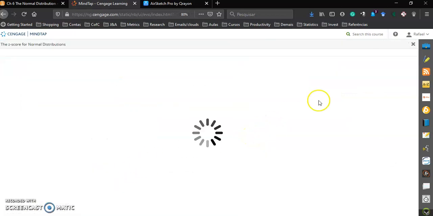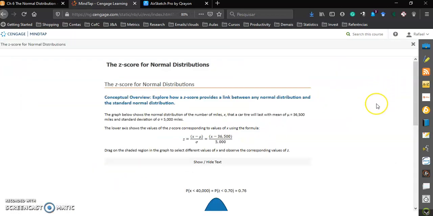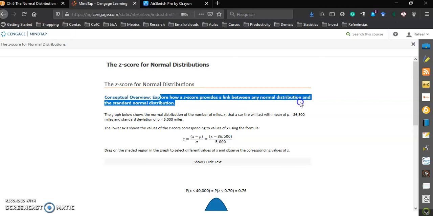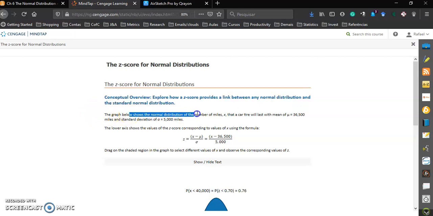Let's see if this applet can help illustrate. Yes, this one can help illustrate. Explore how a z-score provides a link between any normal distribution and the standard normal distribution. The graph below shows the normal distribution for the number of miles, x, that a car tire will last with a mean of 36,500 and a standard deviation of 5,000 miles.